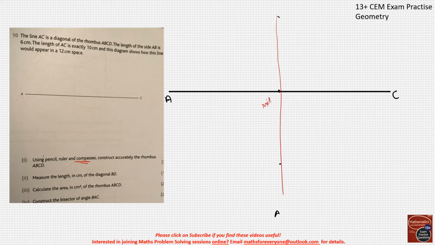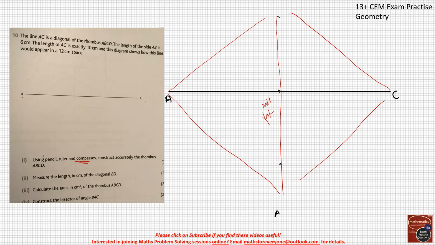I located the midpoint of this diagonal AC and drew another diagonal, and I extended these points. That's what I did because I thought that's the way to do it, and that way we know how much to draw the lines.